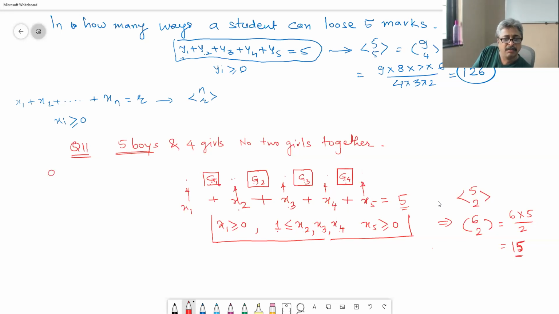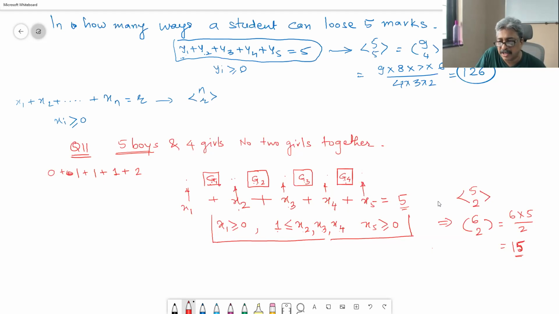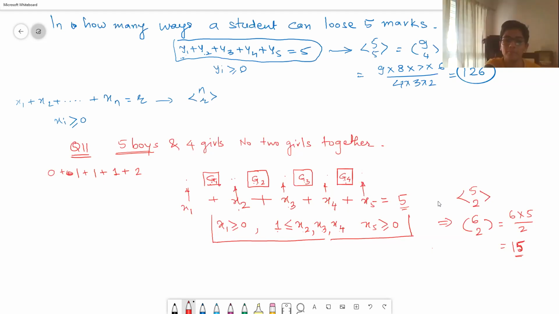Second number has to be 1, third number has to be 1, fourth number has to be 1, fifth number can be 2. Then this 1, 1, 1 we have to keep. Then is this the correct answer? 15. No, I'm not finding the answer yet, I'm just checking whether this 15 is correct. 5 elbow 2 is 6 choose 2.